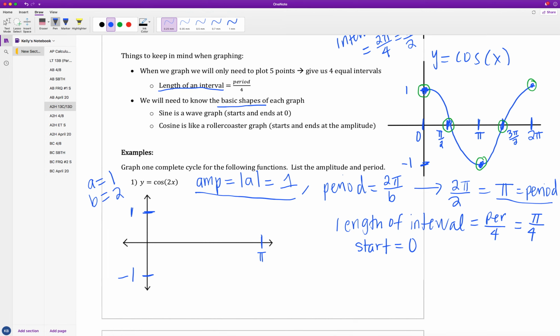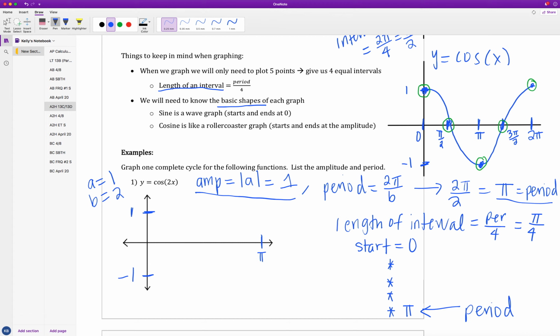From here, to get my next set of points, I need 4 more. I already know what one of those is, and that's actually my last point. So I'm trying to find all the in-between points. I'm going to star them, so I'm missing 1, 2, 3 in-between points. My fourth point is actually going to be pi, because I always stop my graphs at the period length, because we're not trying to go further since we're just drawing one complete cycle.